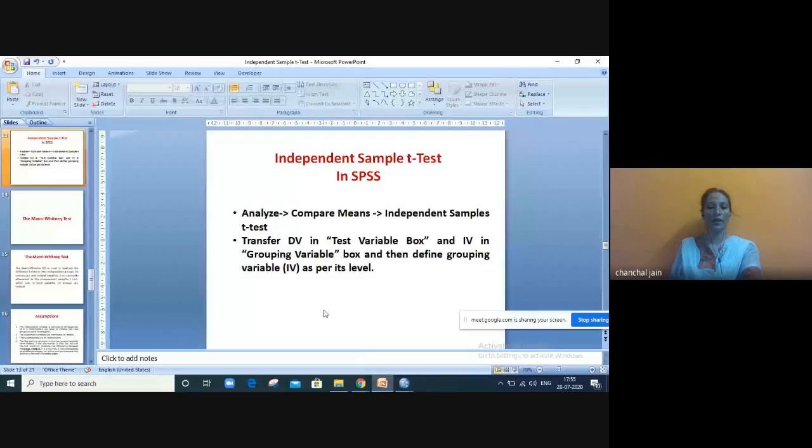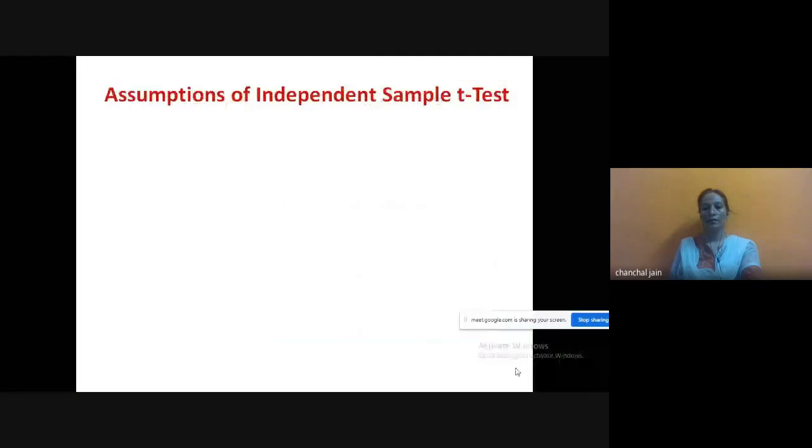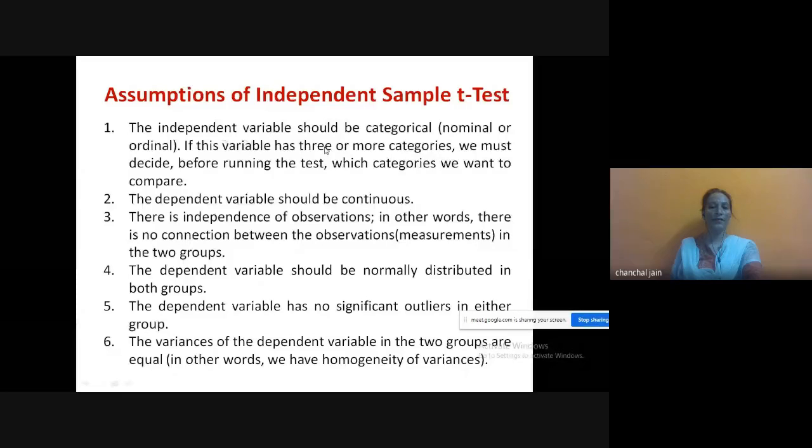How many assumptions have we checked? Here you can see we have checked the first assumption, that the independent variable is categorical. Yes, it is matching. Then we have two categories. Yes, it is also matching. Then the dependent variable should be continuous. It is continuous.